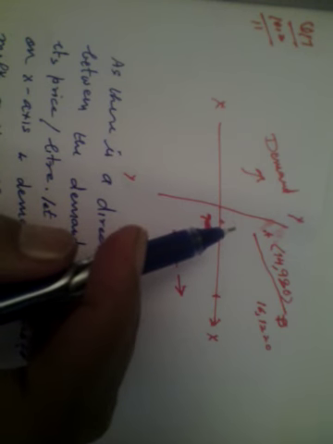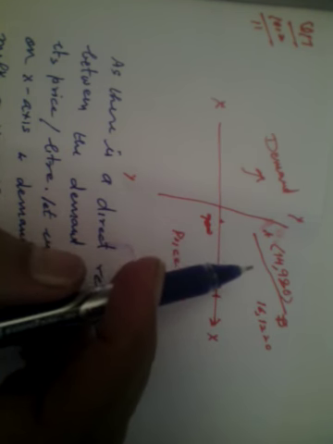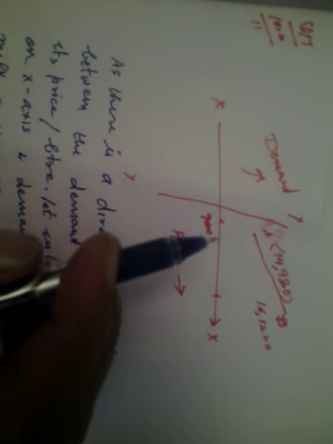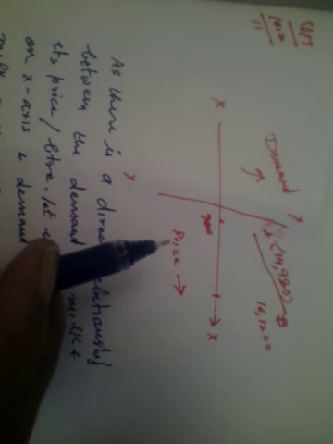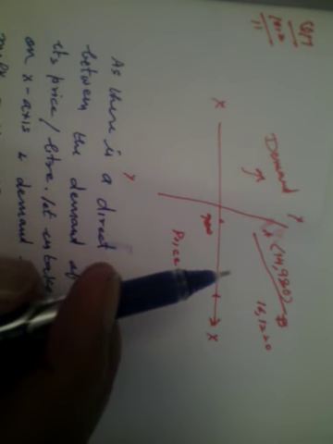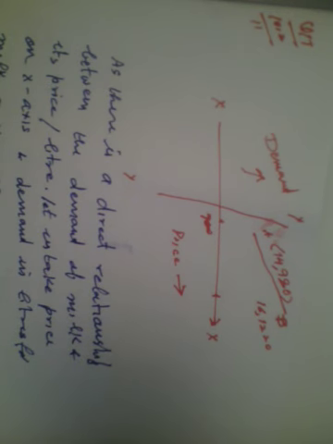Let this be point A. So point A is defined as (14, 980), where 14 is on the x-axis, which is the price, and on the y-axis 980 liters is the demand.